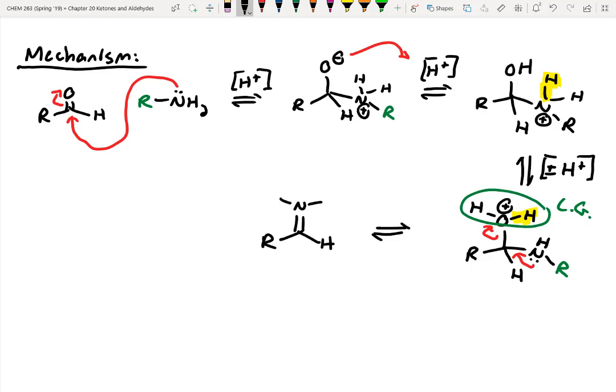And we know that this intermediate is most likely, why? Why is this stable? Come on, you know the answer. Resonance, right? There we go.